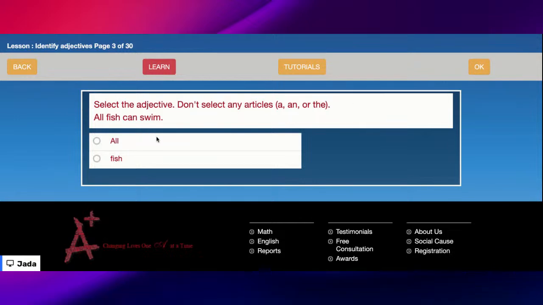All fish can swim. What is the adjective here? All fish can swim. And then this one is all fish can swim. What does it tell us?